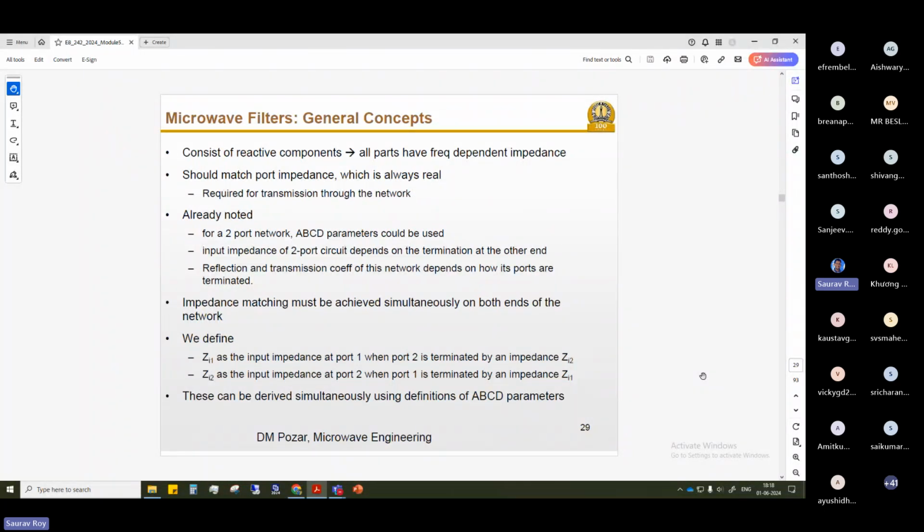In terms of this alpha plus j beta, which is gamma, we can explain any circuit. How they are relevant, we will look into here. Even for normal circuits, previously when you were doing the filter analysis, you were not looking into this gamma parameter or Z naught, the characteristic impedance parameters. But here we have to do the analysis in terms of that, because in high frequency we generally look into this. Now let's see.